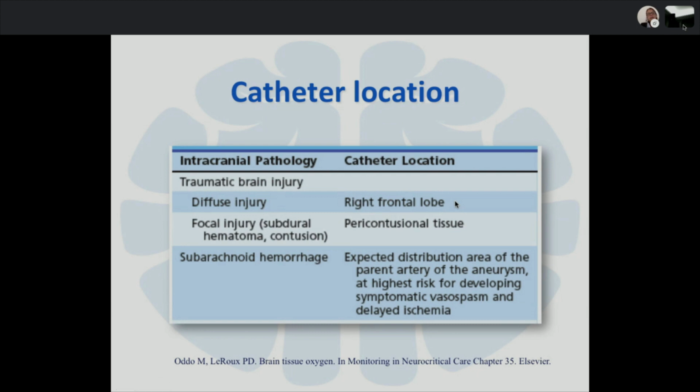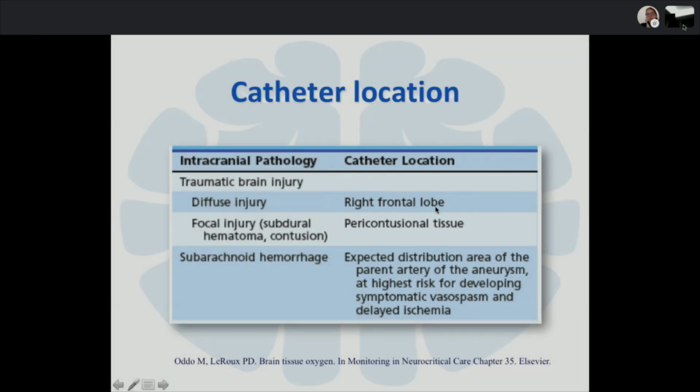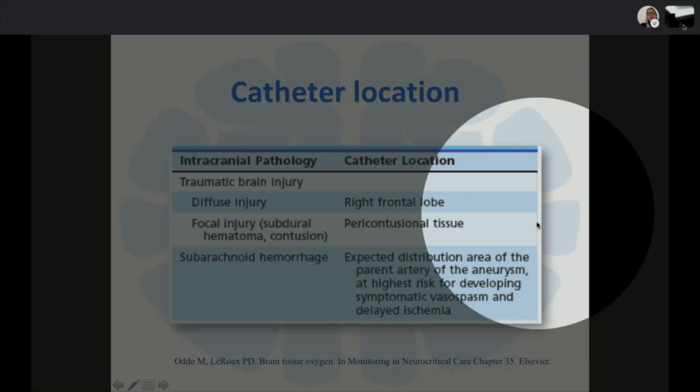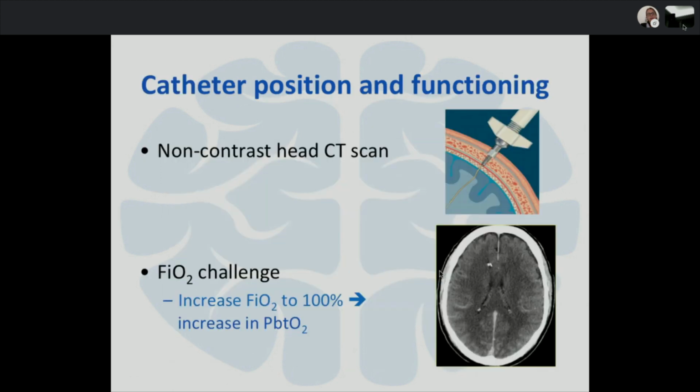If you have a focal injury like contusion or a subdural hematoma, the best place to put the probe is in the pericontusional tissue, because it's the place where, if something happens, the first metabolic derangement most likely occurs. And in subarachnoid hemorrhage, it's a bit more difficult because the probe should be positioned in the part where we think there is the higher risk of vasospasm or delayed cerebral ischemia.